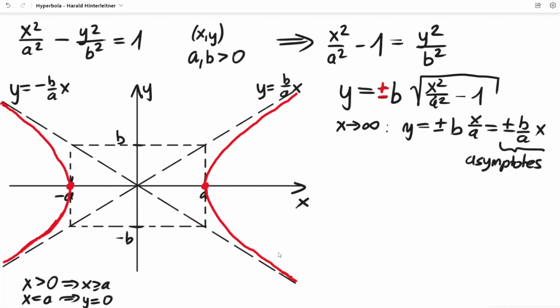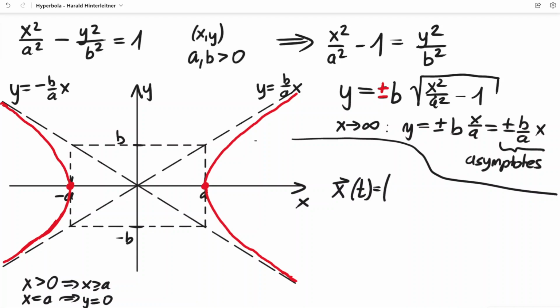So next, we want to find the parametric representation of this curve. So how to do that? We do it in a reverse way, so to say. I write it down.